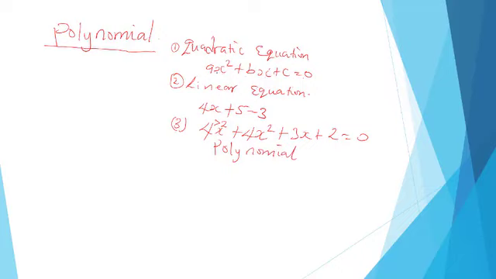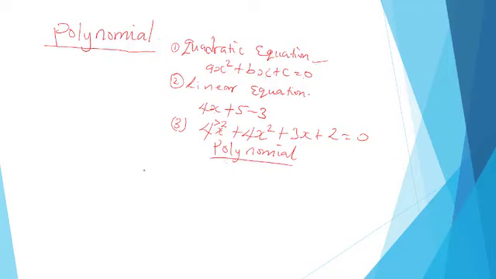So if the highest power of the unknown is 2, it's called a quadratic equation. If the highest power of the unknown is 1, it's called a linear equation. But if it is above 2, be it 3, 4, 5, 6, if you see an equation of the kind 4x raised to the power 7, 4x raised to the power 9, it is classified as a polynomial equation.